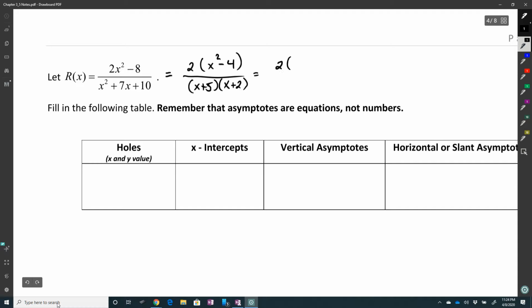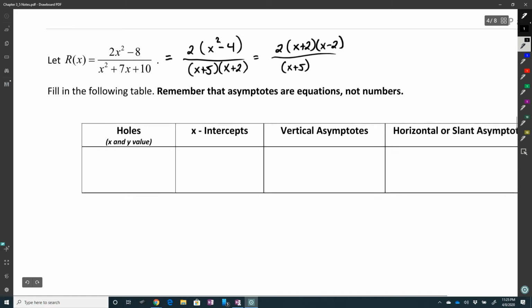I can keep on going. This is x plus 2, x minus 2 over x plus 5, x plus 2.